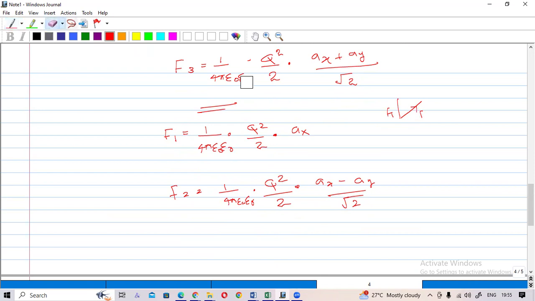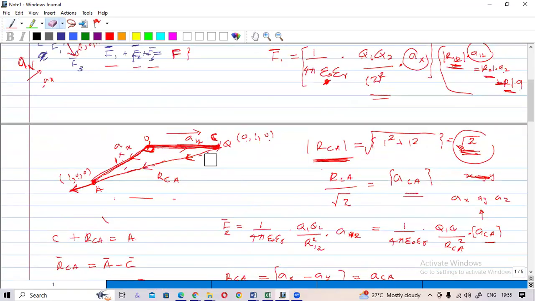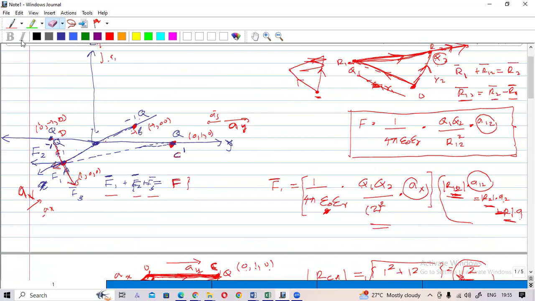So you will have F1 this direction, this is due to this one.